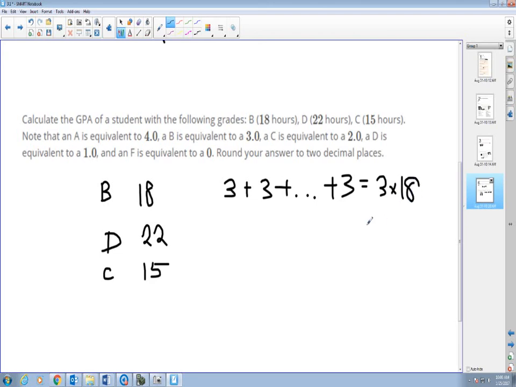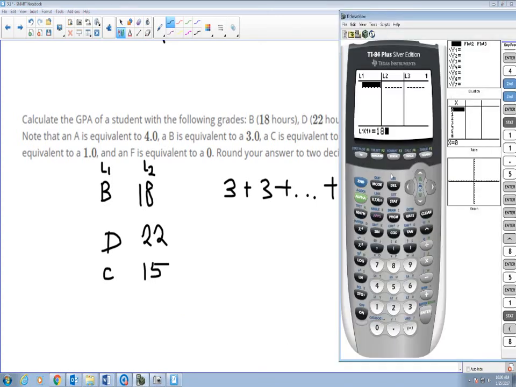That's what that means. So my frequencies need to be in L2, and my credit hour is my frequency, how many times I made that 3.0. That would be the correct way of looking at this.